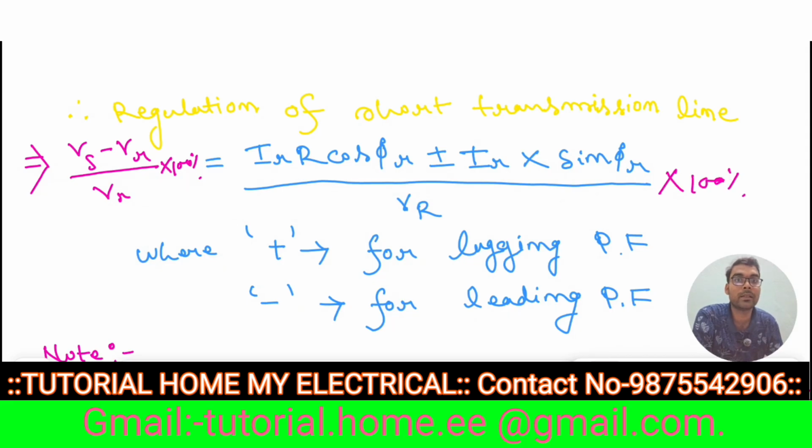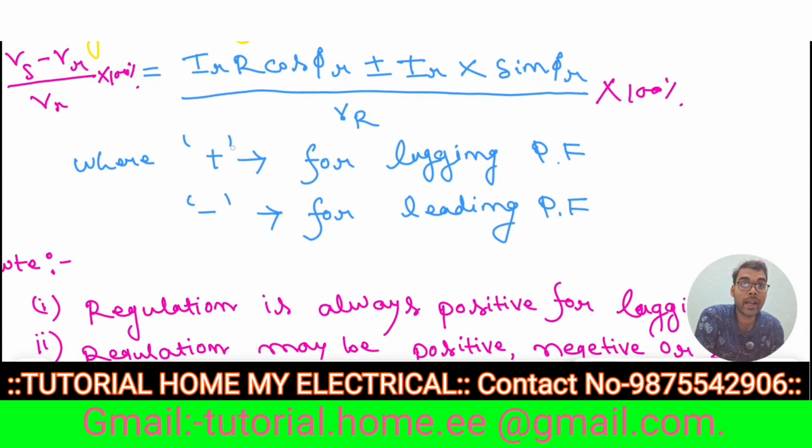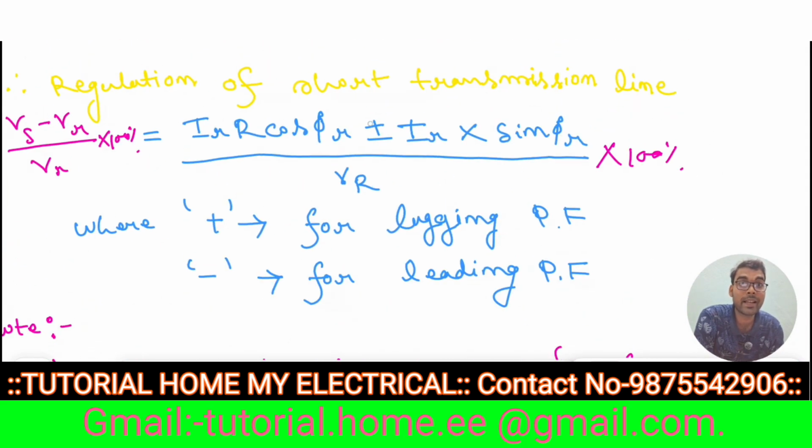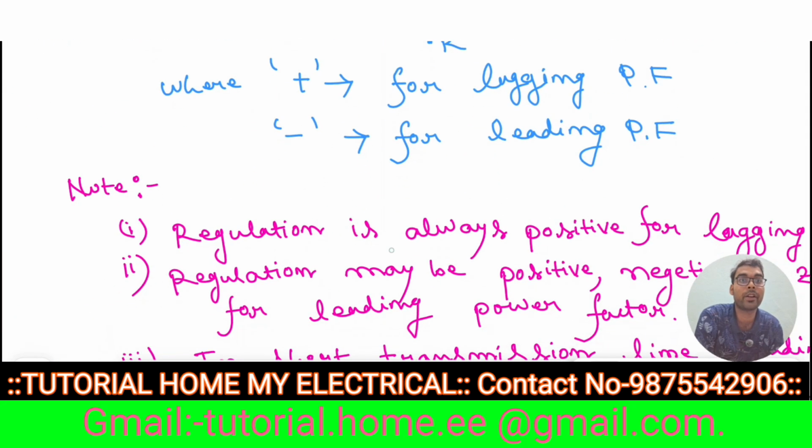If I calculate this, it becomes (IR cos phi r plus or minus IX sin phi r) divided by Vr into 100%. Where plus sign is for lagging power factor and minus sign for leading power factor.